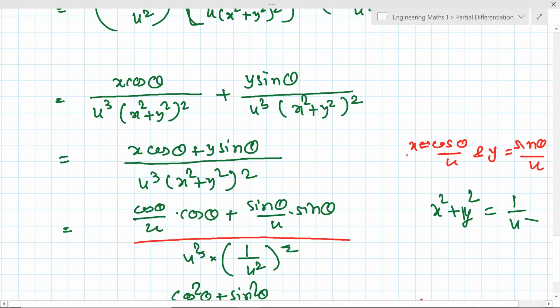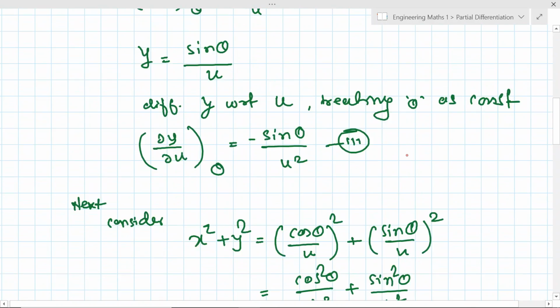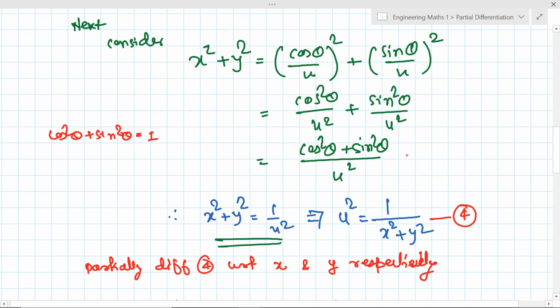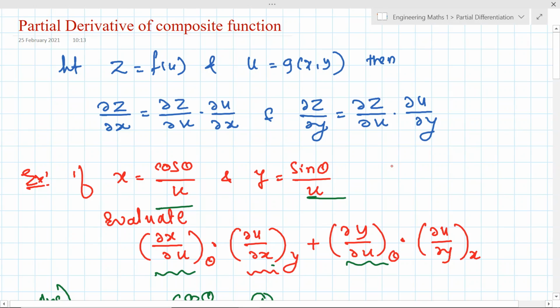Do you get this? Any doubt? Some important things are here. You need to treat the other variable as a constant. Okay, that is very important. You have to treat it as a constant while finding the partial differentiation. And it is also very easy because what is given tells which variable we need to treat as a constant.